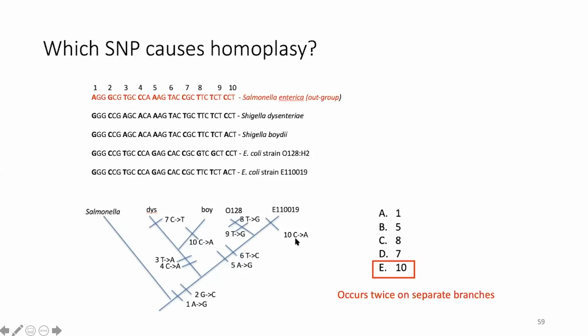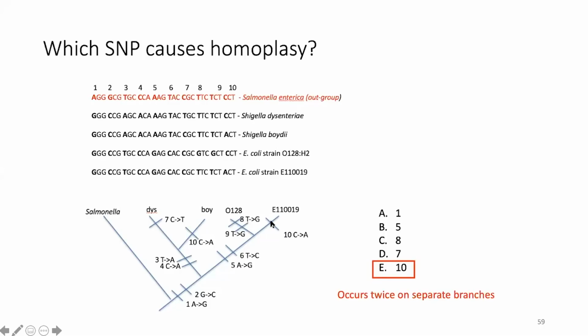And the way that you can see it is that these are sequences that we constructed this phylogeny with, and the most parsimonious phylogeny has mutation C to A at position 10 occurring twice in the phylogeny. There was no way to build a more parsimonious phylogenetic tree.